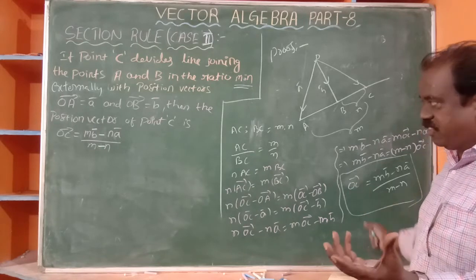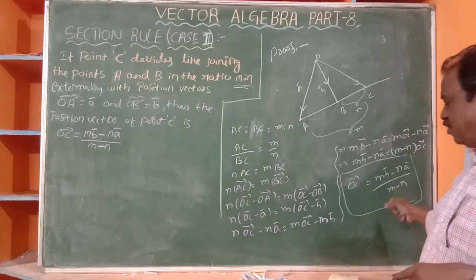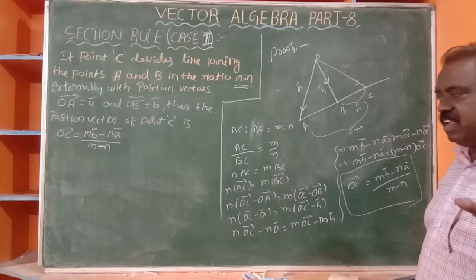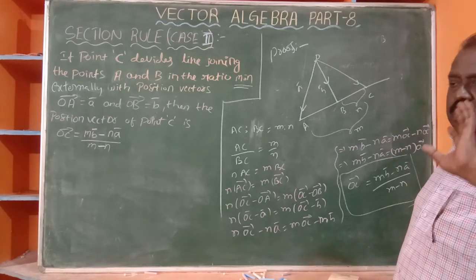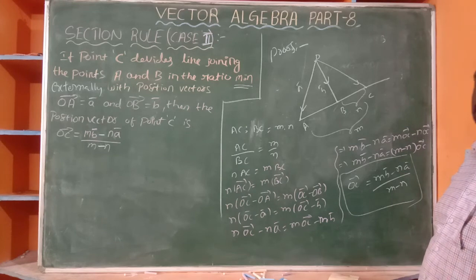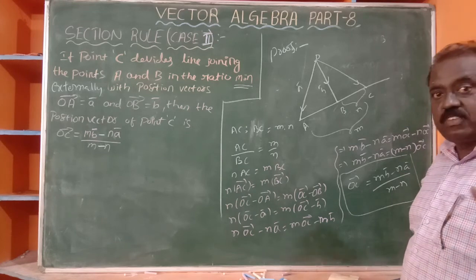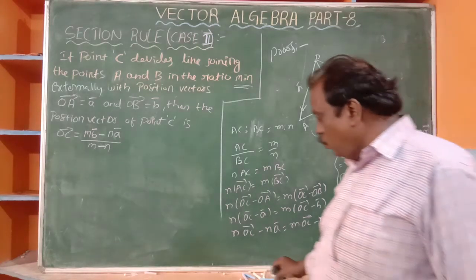Internal is a plus, external is a minus. Okay, is it clear? After that one it is over. Now we will go to the next class. We will solve exercise 10.2.